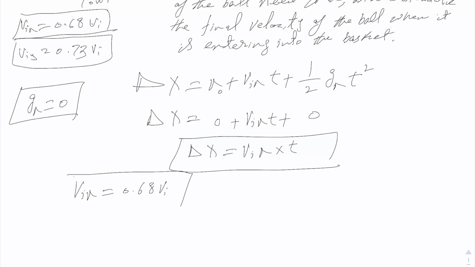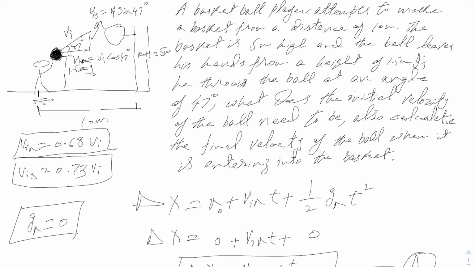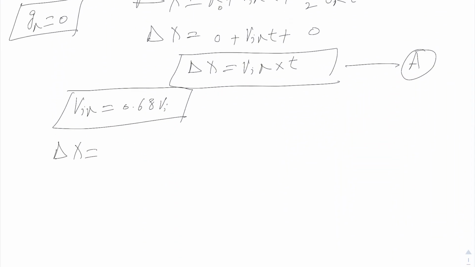Let's call this equation A, and we are substituting the x component of the initial velocity into equation A. Delta x we have information for already, which means delta x is this distance, 10 meters.